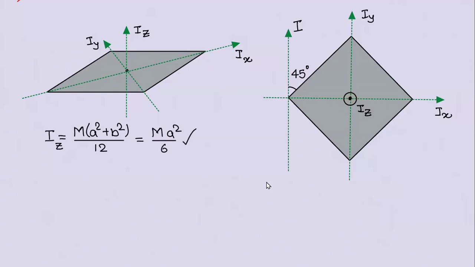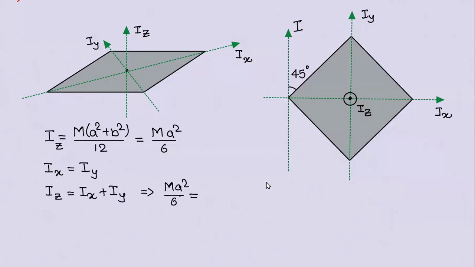This is from the table. Then Ix equal to Iy. This is by sense. Iz is equal to Ix plus Iy. This is by theorem. That implies m a square by 6 is equal to Ix plus Iy.